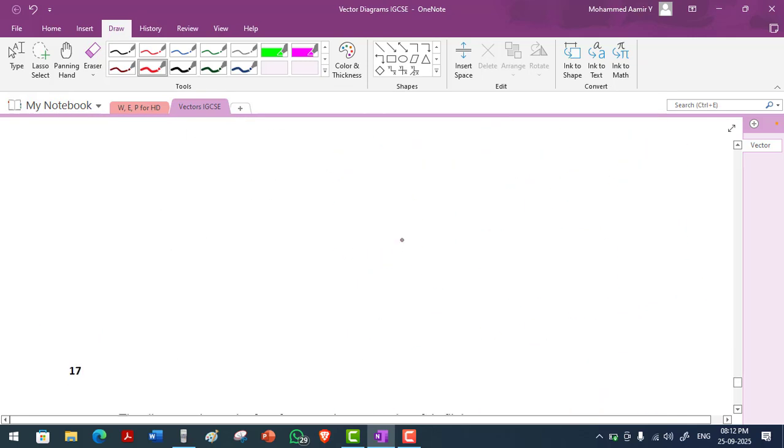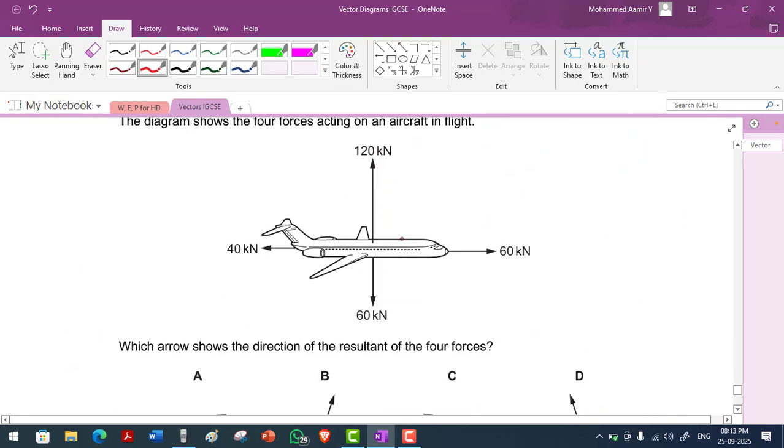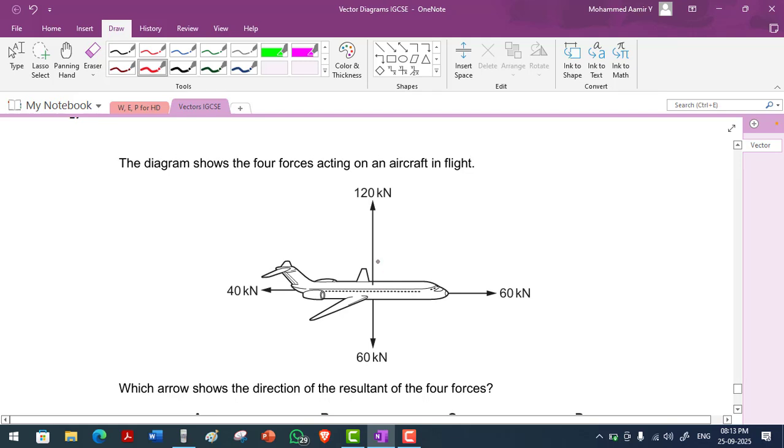Finally, I have this question. I have 120 kilonewtons for this aeroplane upwards and 60 towards down. It is lifting up, that's the meaning. And forward thrust is 60 kilonewtons and backward resistive force is 40 kilonewtons. So 120 kilonewtons minus 60 will be 60 kilonewtons.